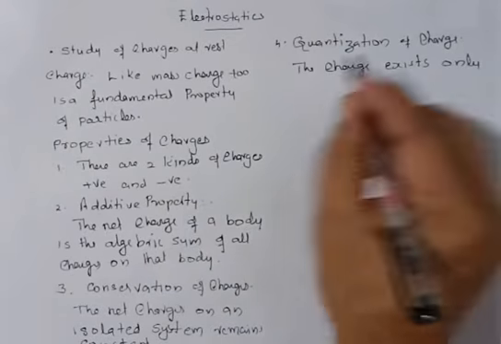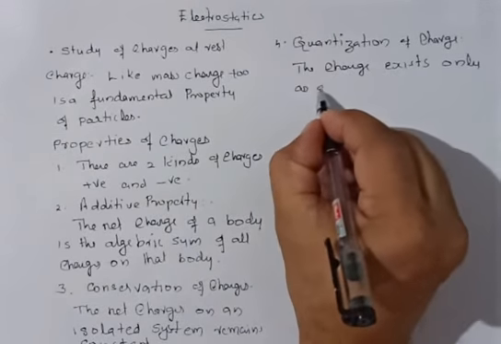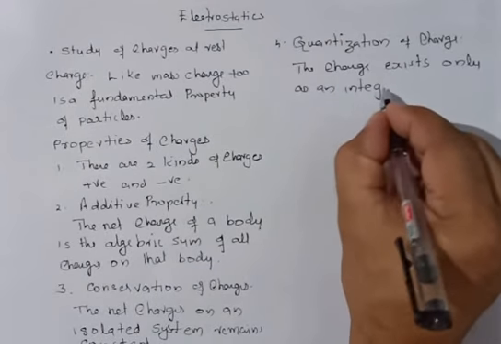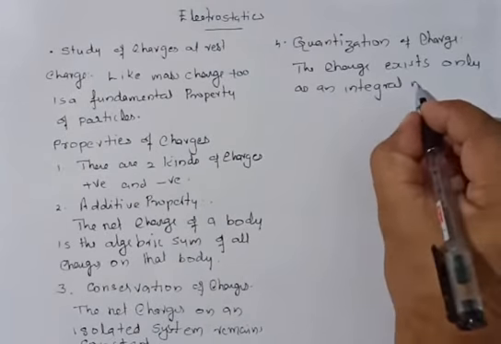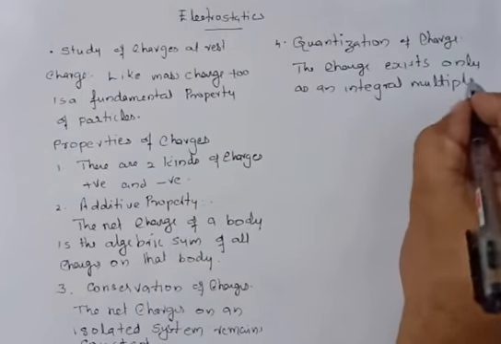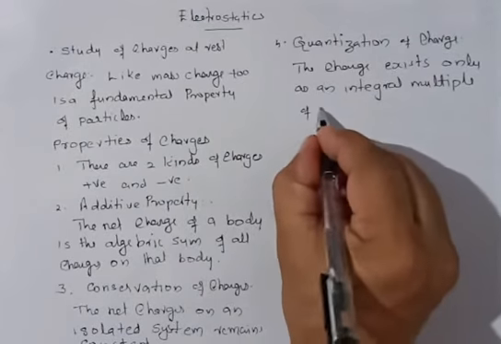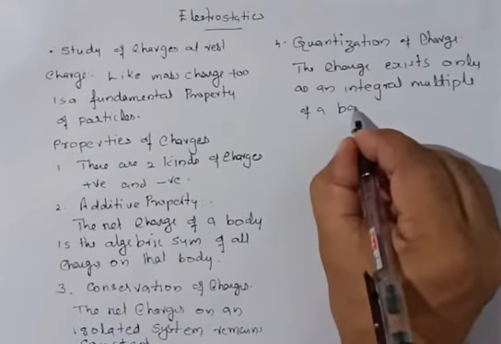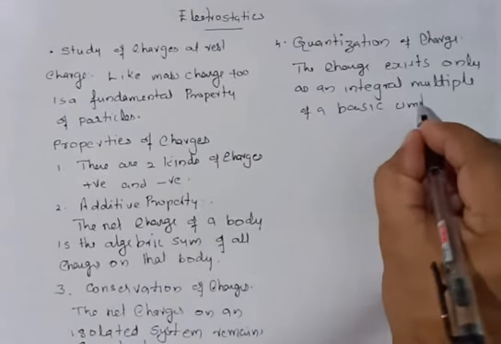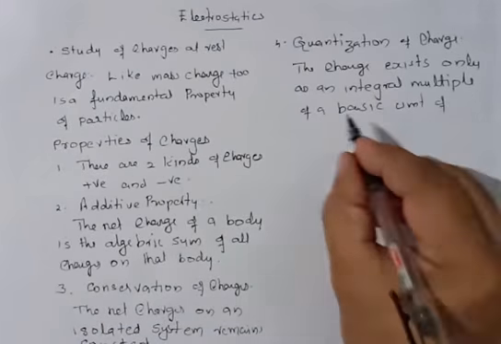So, if you get any object, the charge on that body will be n times the charge of an electron. If you say the charge of an electron is small e, then you will never get a body with a charge e upon 2, half the e value or quarter the e value.